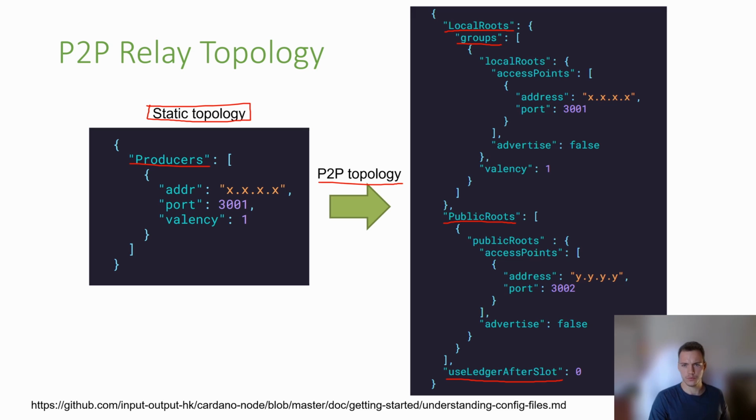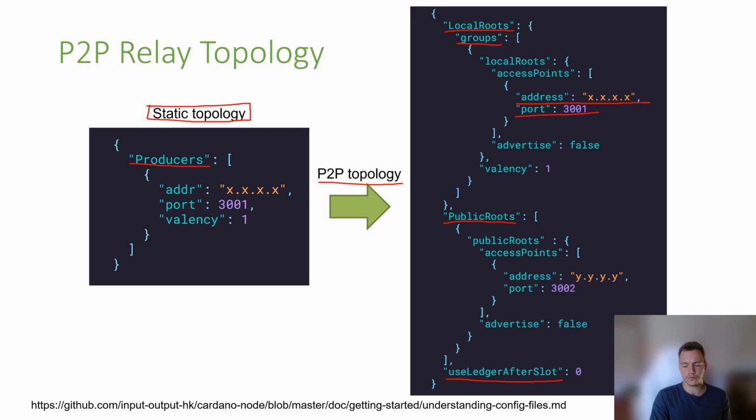So groups is an array. What local roots are, as I said, bootstrapping nodes, and these are the nodes that your peer-to-peer governor is always going to try to maintain a hot connection to. So any peer defined here is going to be attempted to be used as a hot peer at all times.